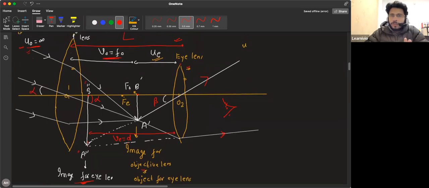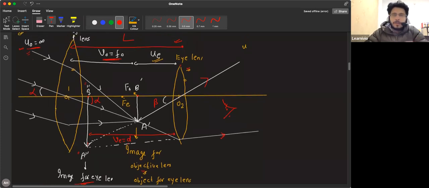Now see, magnification is always the angle subtended by image and object on the eye. But the problem is your object is at infinity. So what we do is we take the angle subtended by the object at the objective. This is the angle alpha, which the rays coming from an object make with the principal axis.